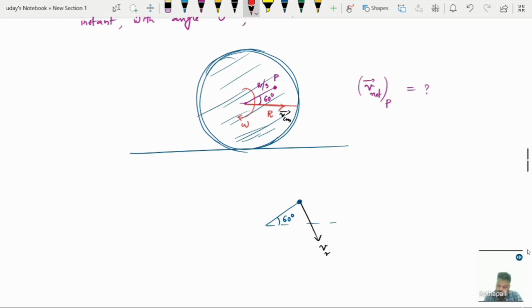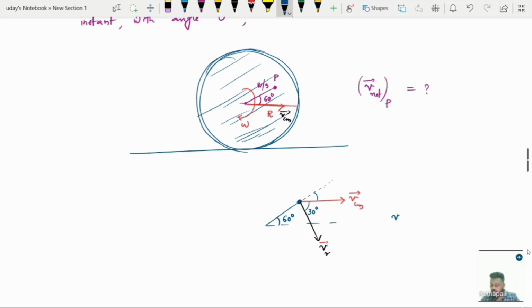And due to translatory motion, it will have a velocity like this. So what is the angle between these two vectors? This will be 60 again. And these two lines will definitely be perpendicular because this is a tangential velocity at every instant, and it is like a radius line. So this total angle will be 90, so this will be 30.